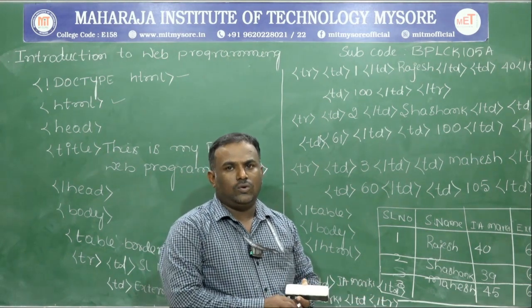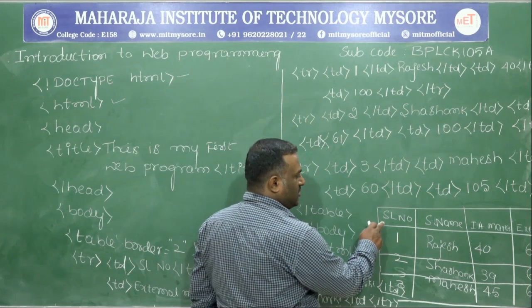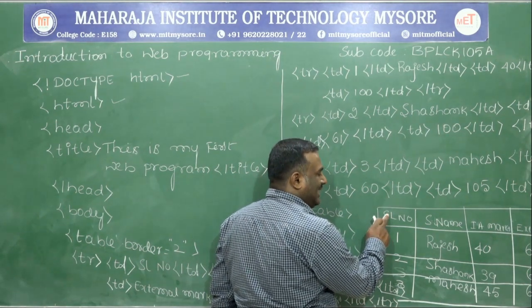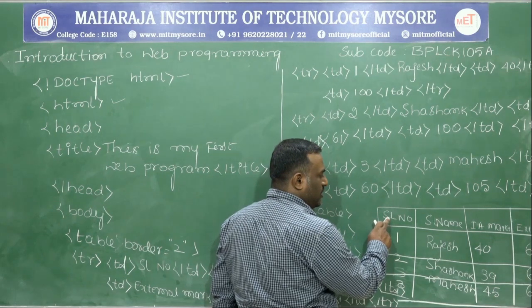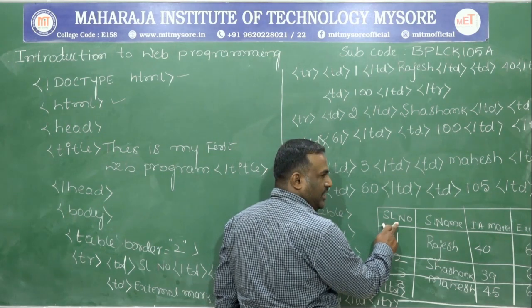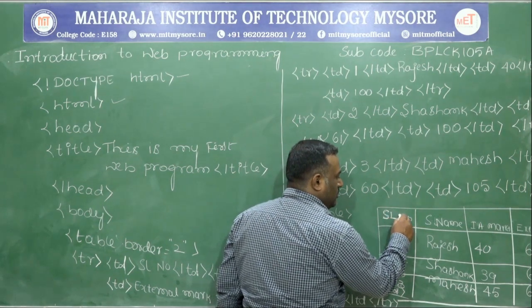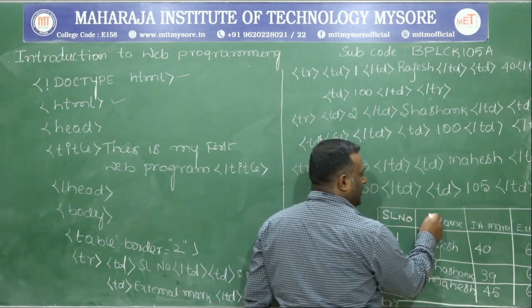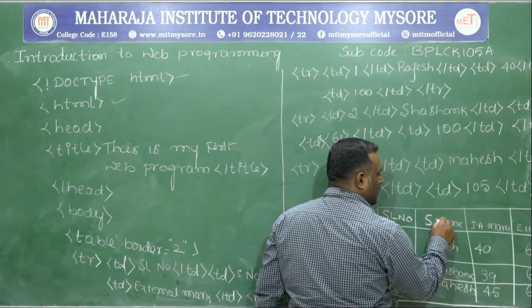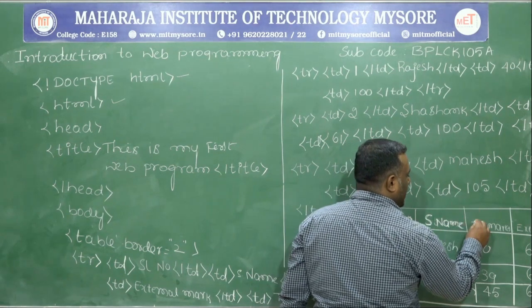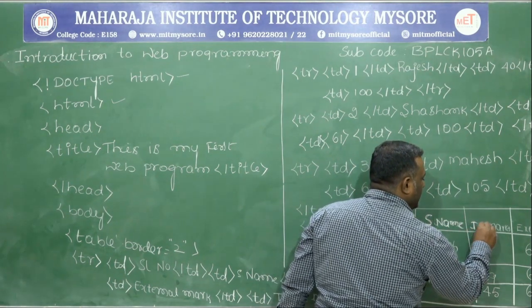I want to make the first row data into headings. Okay, I want to convert this serial number normal text into a heading text, like this. Table headings. I want to convert the first row normal text into a table heading.